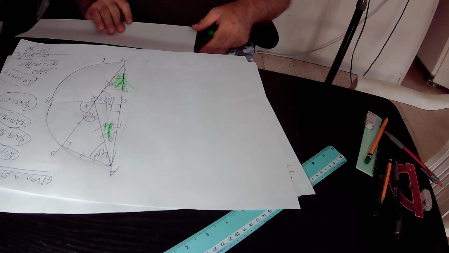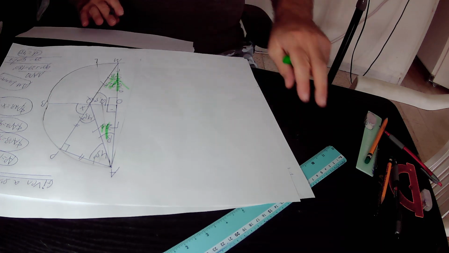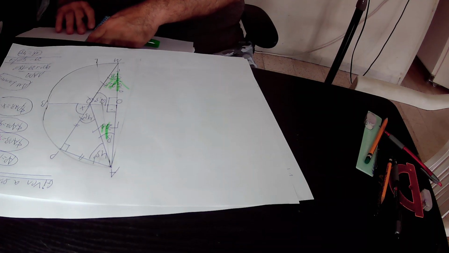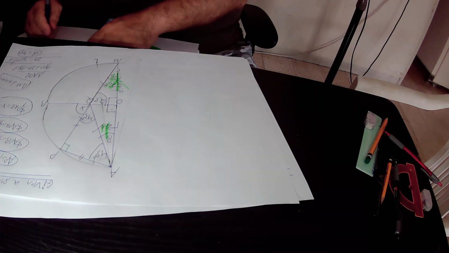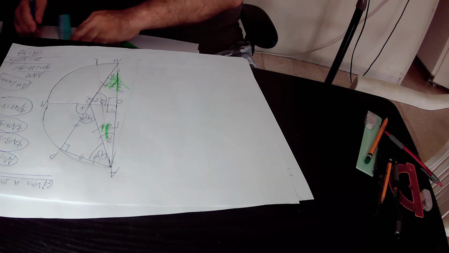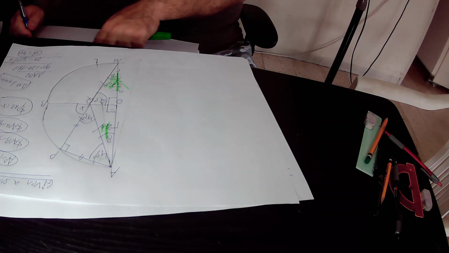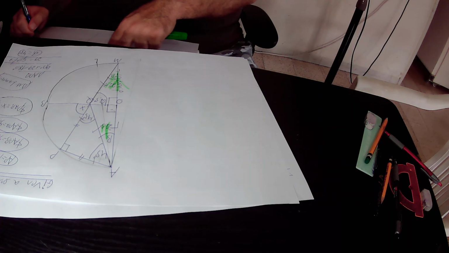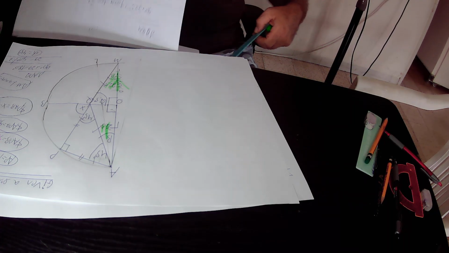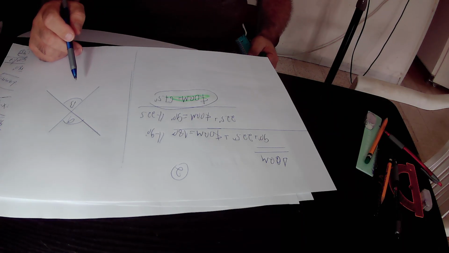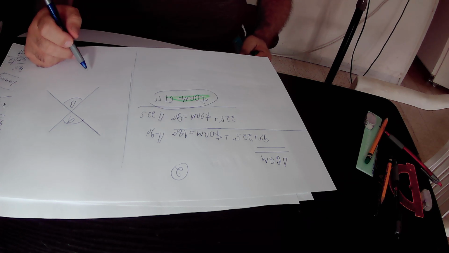We also have the rule that says that vertex angles are equal to each other. Actually, those two angles, alpha and beta, are defined as vertex angles, and they are equal to each other in their sizes.